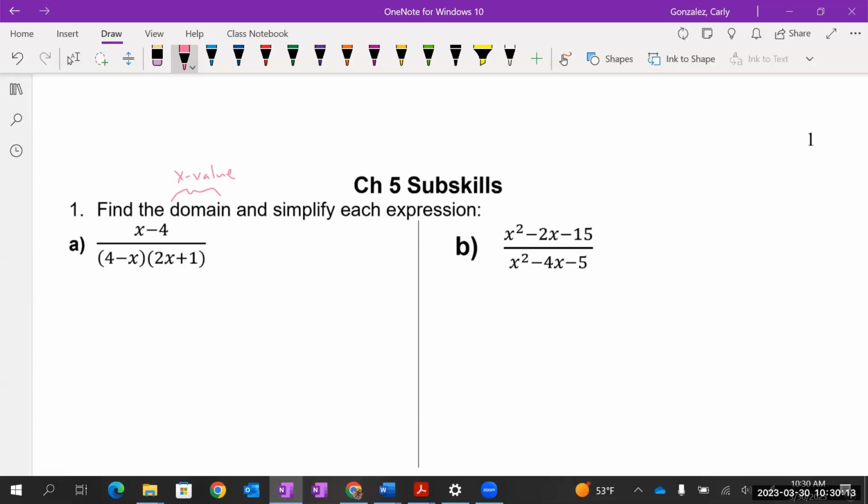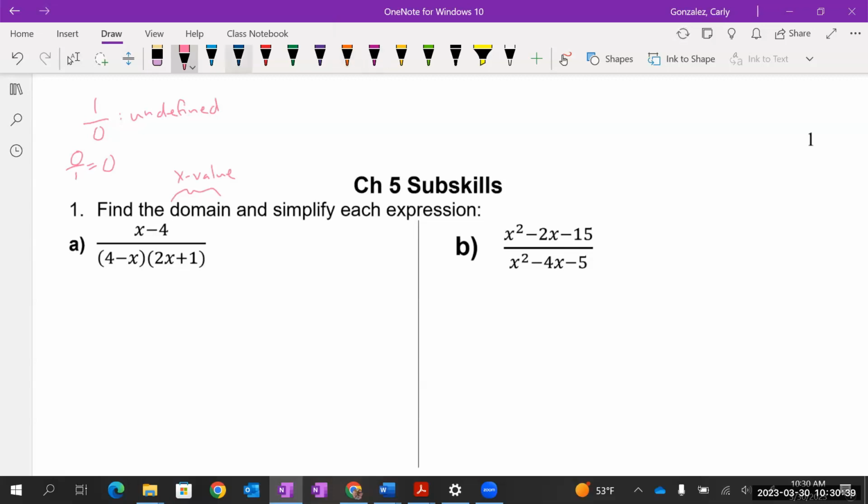If we get 0 in the denominator, then that expression will be undefined. If 0 is in the numerator, then that just equals 0. That is well defined. That's a number. But 0 in the denominator makes our expression undefined.